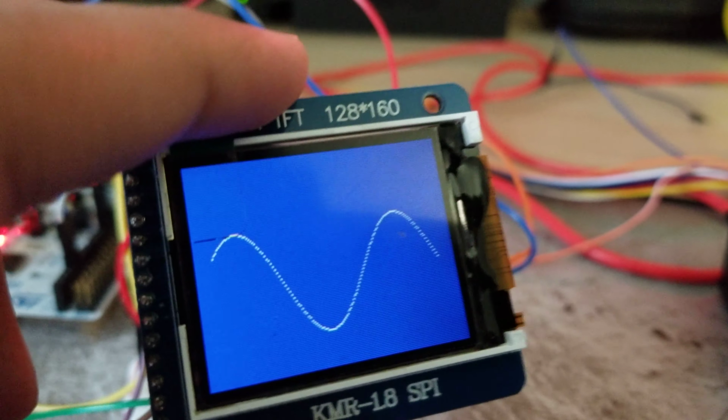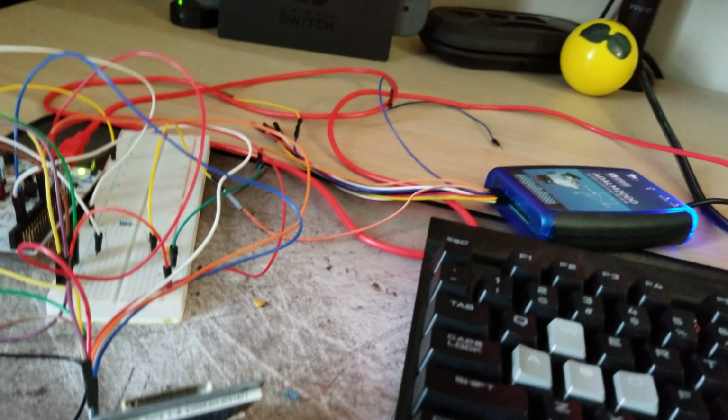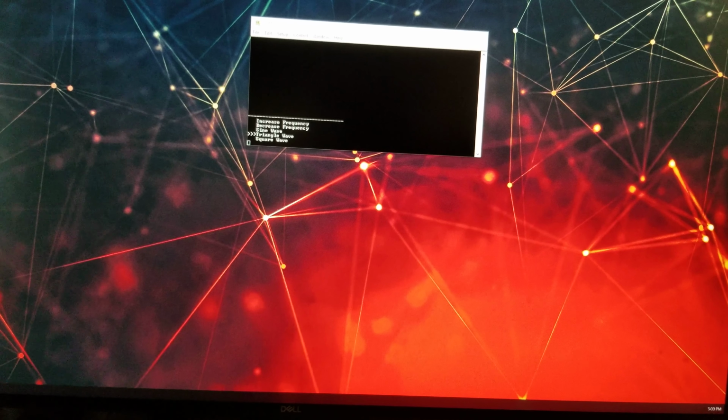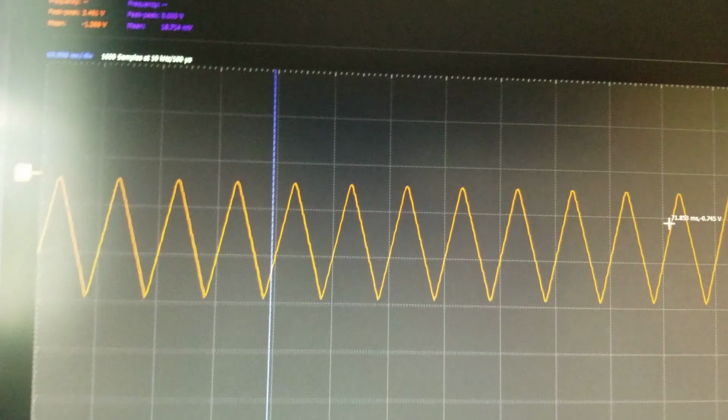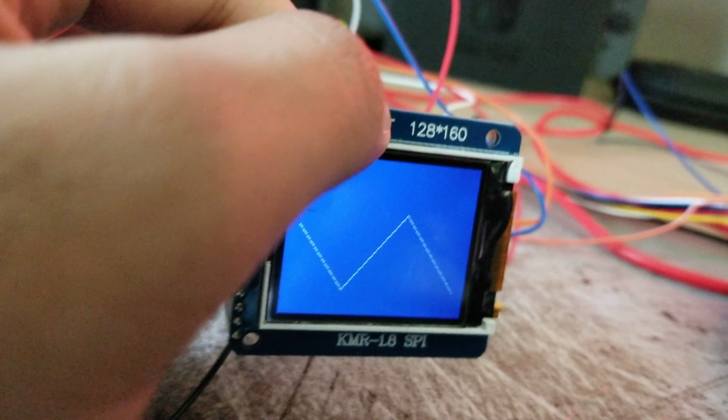And I generated this. It's a little hard to see because recording is difficult when you're also operating the menu. So if I switch over to triangle wave, we can see that the output has changed to a triangle wave. And I've also drawn a sort of triangle wave here.